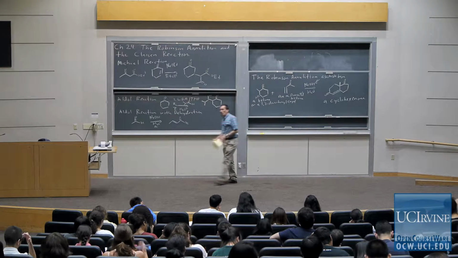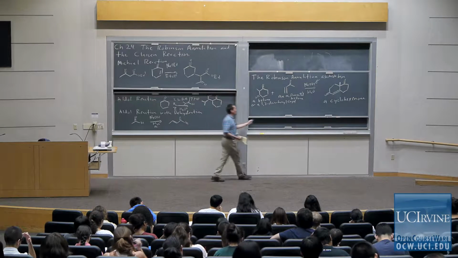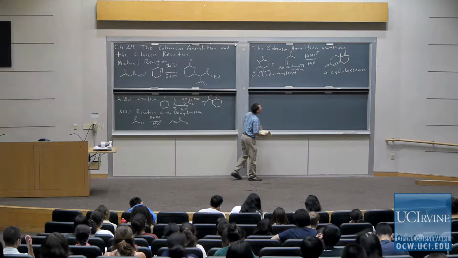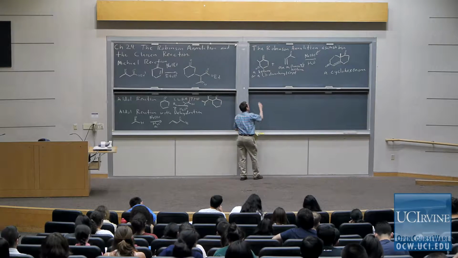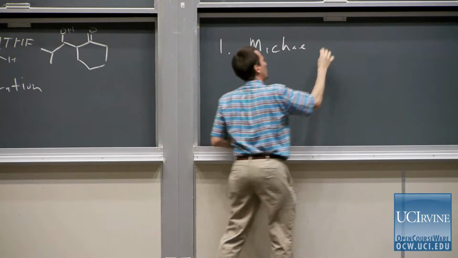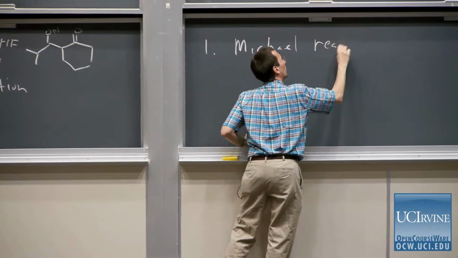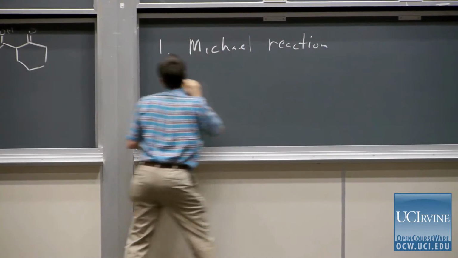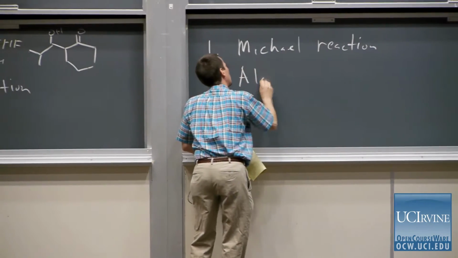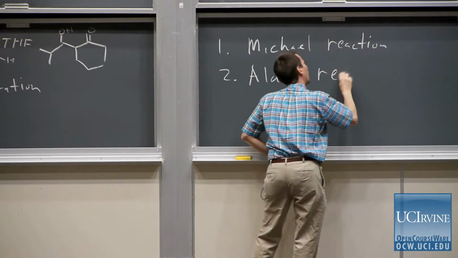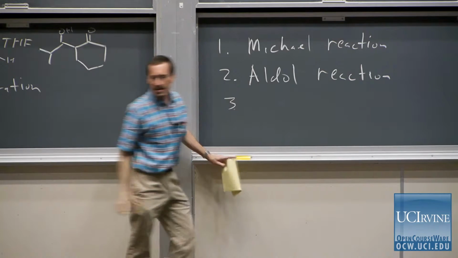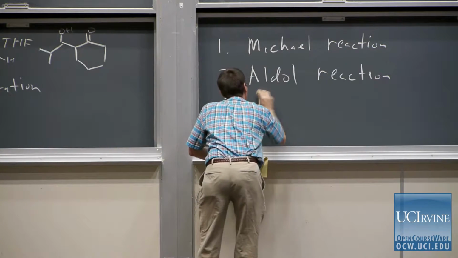All right, so what's going on here, we're going to break this out in just a moment, is 3 different reactions in sequence. The first reaction is a Michael reaction or Michael addition. The second reaction is an aldol reaction. And the third reaction is a dehydration.